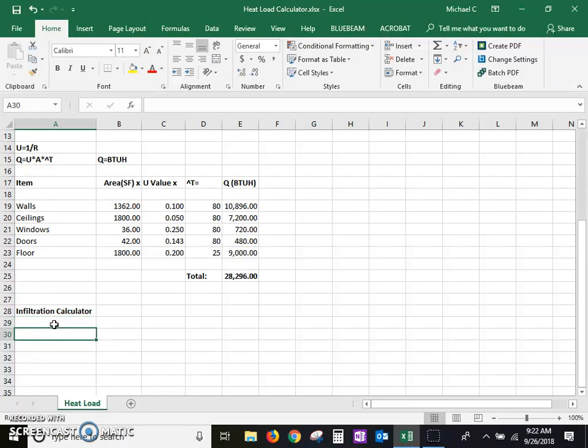The infiltration formula is very simple, just like your Q equals UA delta T for transmission. So we're going to have our Q again, but this time instead of UA delta T, it's going to be V, which is volume, ACH, and you want to take a guess what ACH is?